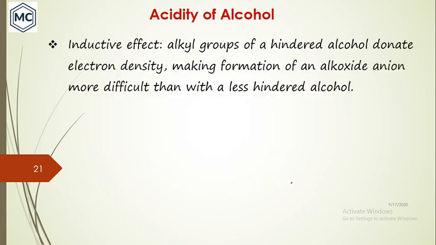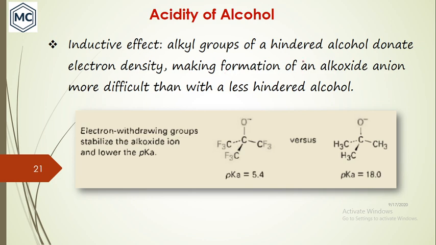The second factor is the inductive effect. The alkyl groups of a hindered alcohol usually donate electron density and make the alkoxide anion less stable. In this case, this is a plus I group. Here you have three plus I groups, so electron density is donated toward this oxy anion.